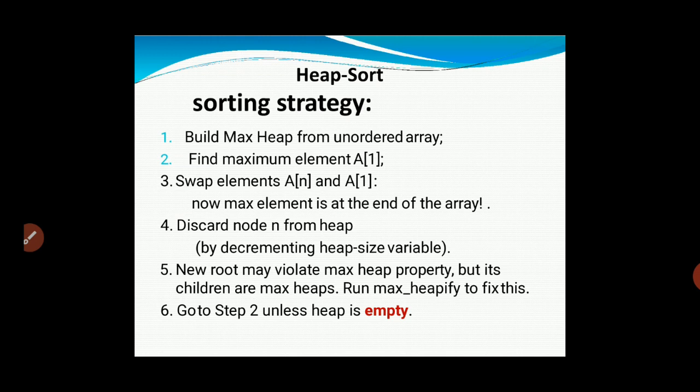So what is the sorting strategy in heap sort? First, build a max heap from the unsorted array. That means if an array is given, you have to create a max heap from it.